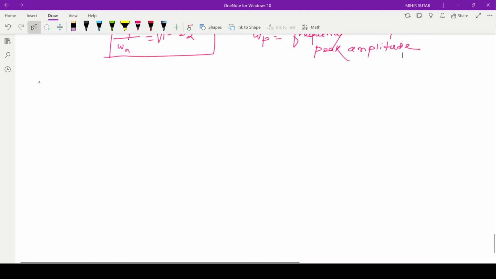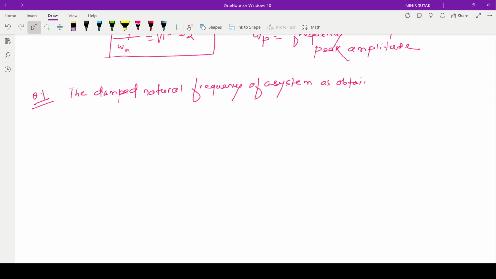Now suppose a question is given, write down the question: the damped natural frequency of a system as obtained from a free vibration test is 9.8 Hz.